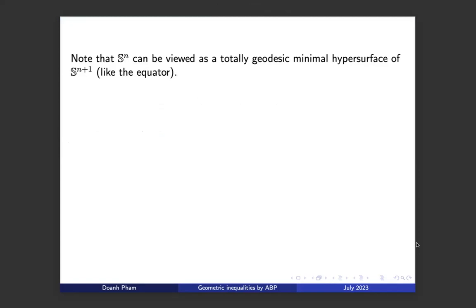So if we view S^n as the equator of the bigger unit sphere, then S^n is a totally geodesic minimal hypersurface of the bigger sphere.